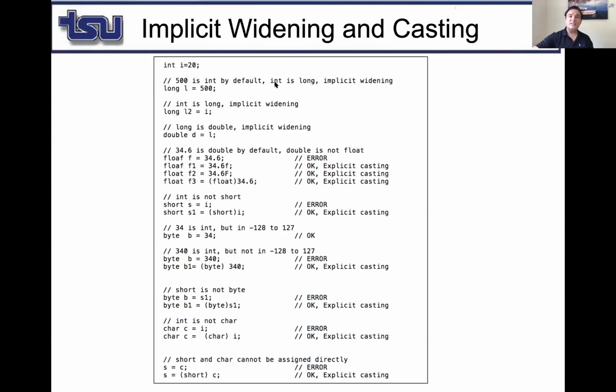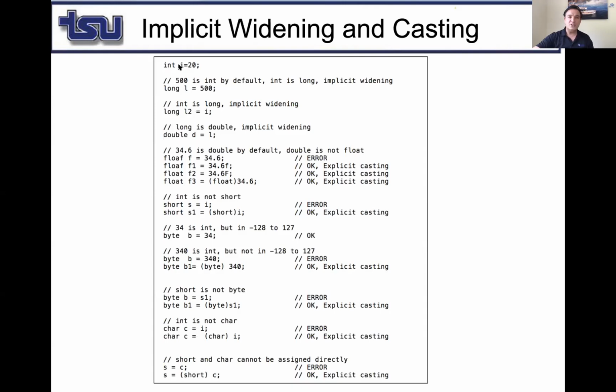And I know that an int is a long. So this is called implicit widening, because Java will take 500 as int, widen it, and convert it to long. Java will do it implicitly for you behind the scenes, and this will be perfectly okay because an integer can be a long. Okay?